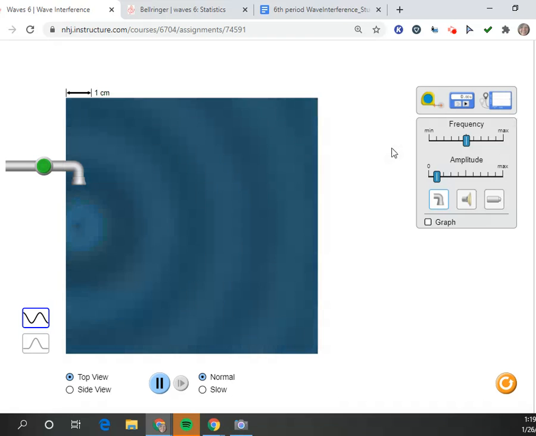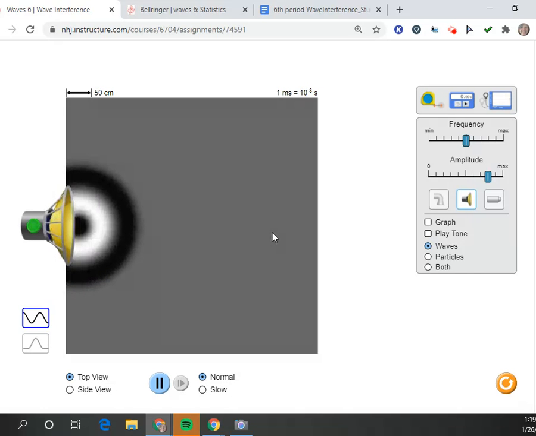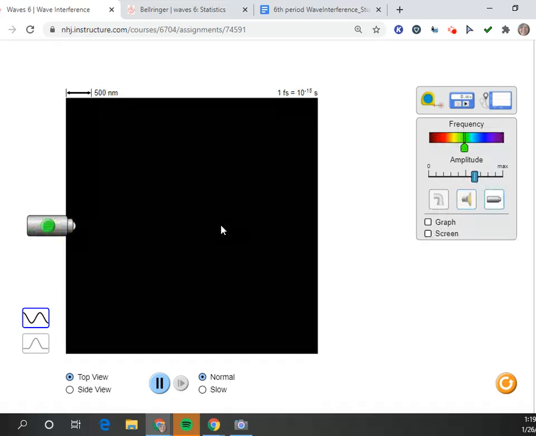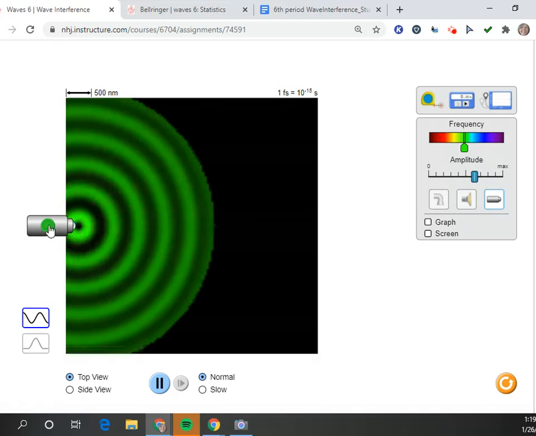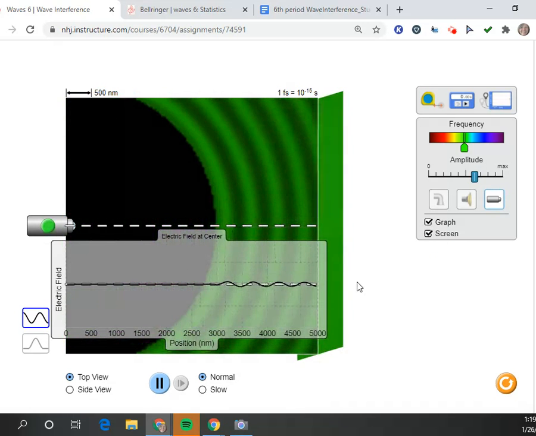Okay, what other things can I change? Let's see. That's water. I could make it sound waves. I could make it a light beam or a flashlight, a light. I can put on a graph. I can put on a screen to see what it looks like.